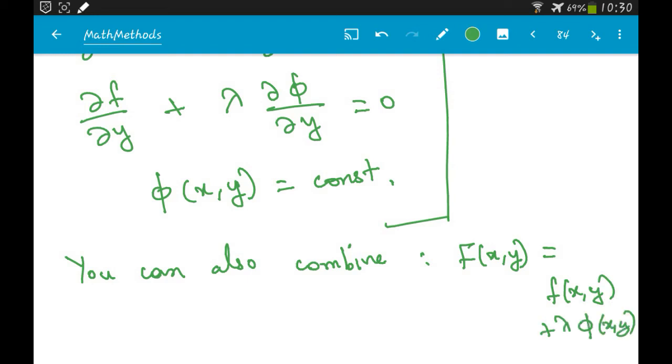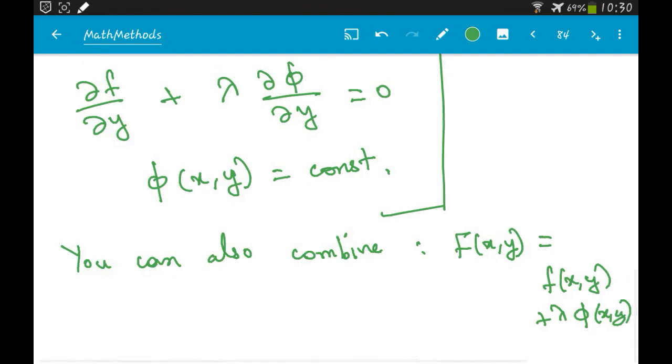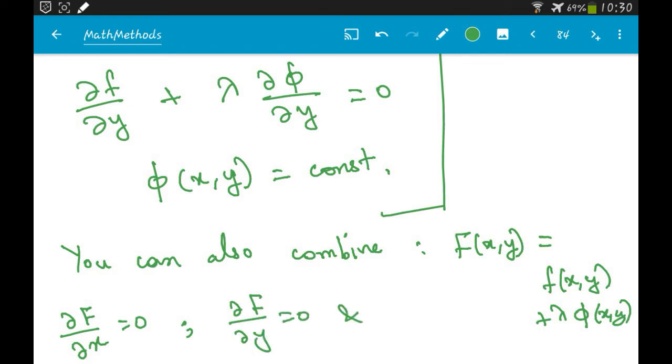If you do it this way, then you will have three equations: dou capital F by dou x is 0, dou capital F by dou y is 0, and the third one is phi is constant. So you will have these three equations.